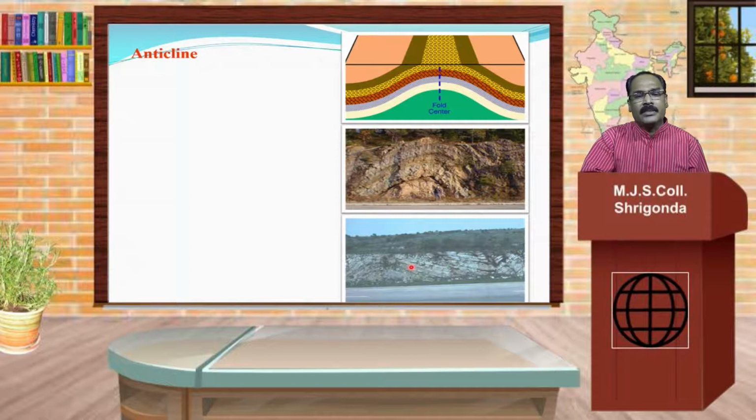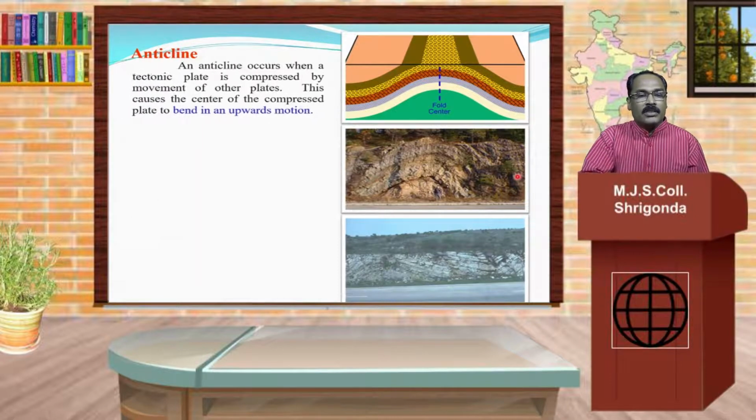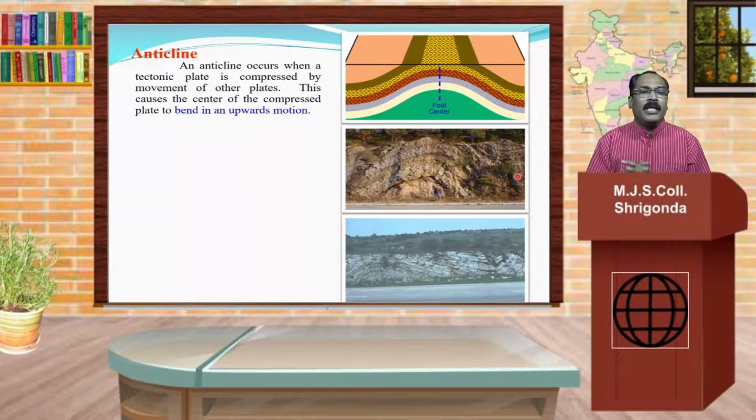In anticlines, both limbs come together and the middle portion is uplifted. Here the middle portion is uplifted, as seen in photographs of rock structure or rock strata. An anticline occurs when a tectonic plate is compressed by the movement of other plates. This occurs at the center of the compressed plate, which bends in an upward motion.